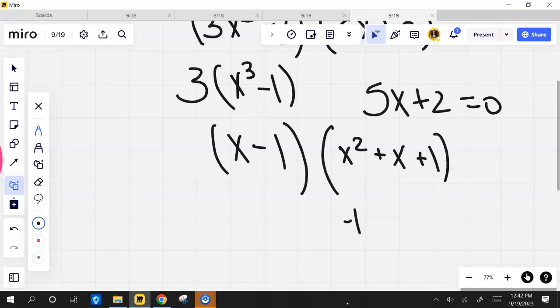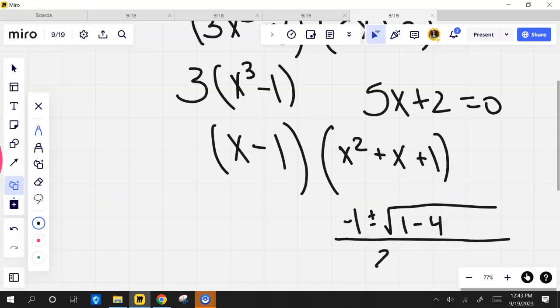So -1. So minus square root. So 1, 4, times something.